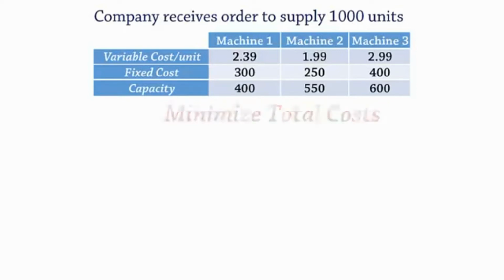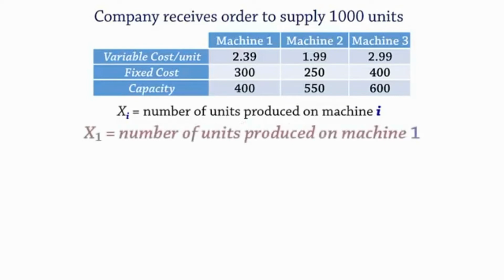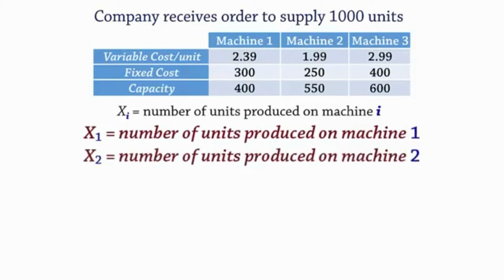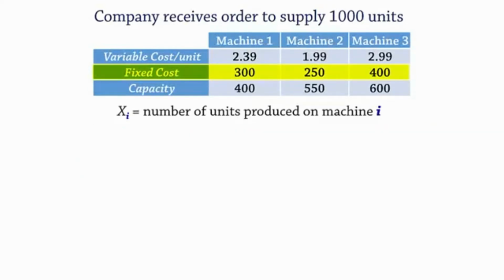So for the units produced, we write xi equals number of units produced on machine i. That is, x1 represents the units produced on machine 1, x2 for machine 2, and x3 for machine 3. Now, because fixed costs indicate that the entire cost will be incurred if the corresponding machine is used to produce at all, we define another set of decision variables.